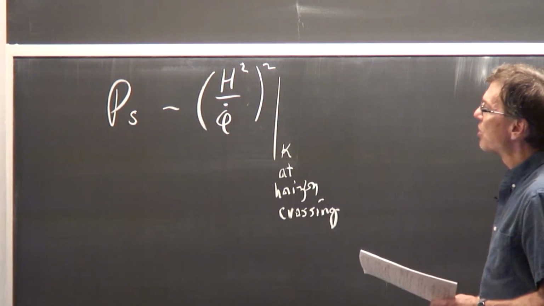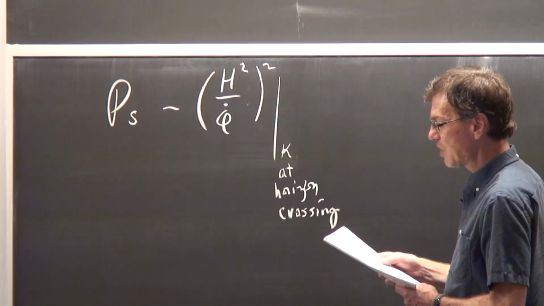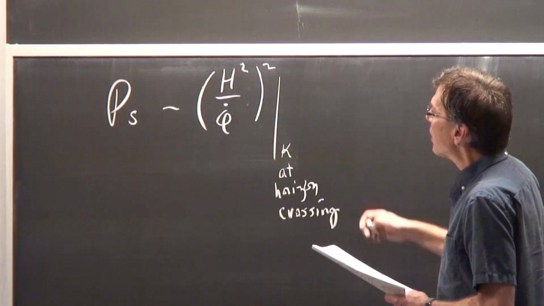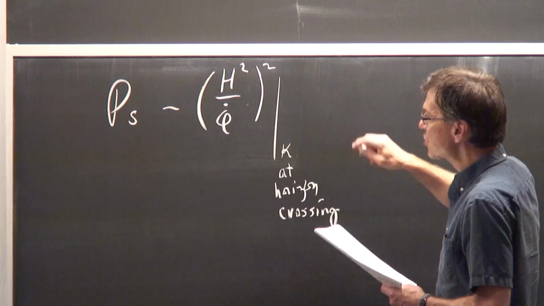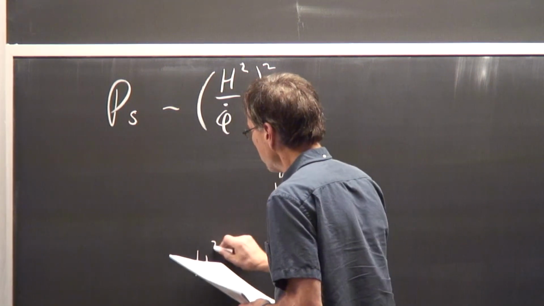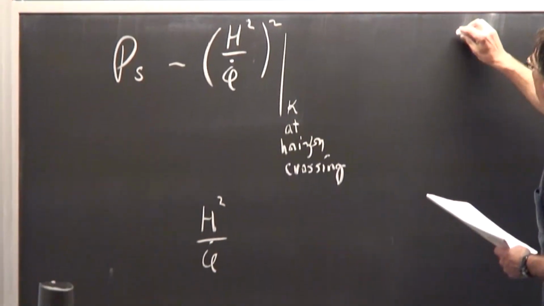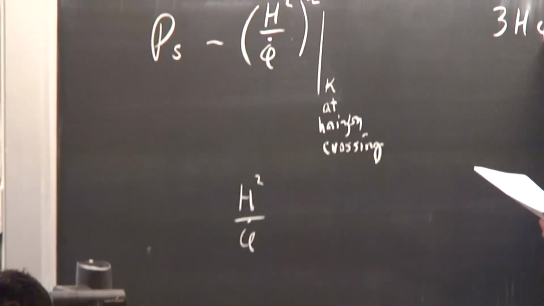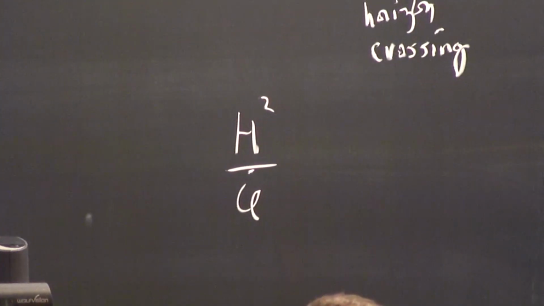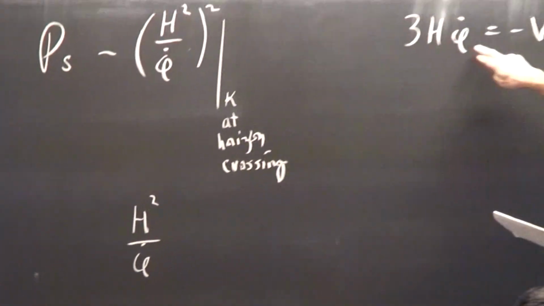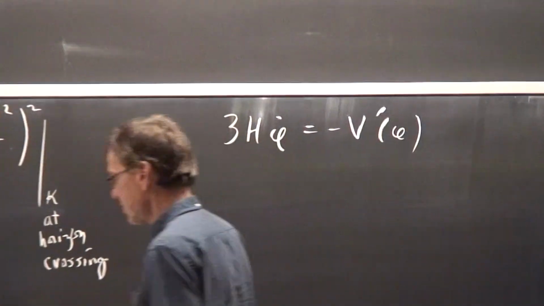So we want to figure out what that is quantitatively. And so we can use the slow roll equation, 3H phi dot is equal to minus V prime of phi, to eliminate phi dot in this expression.